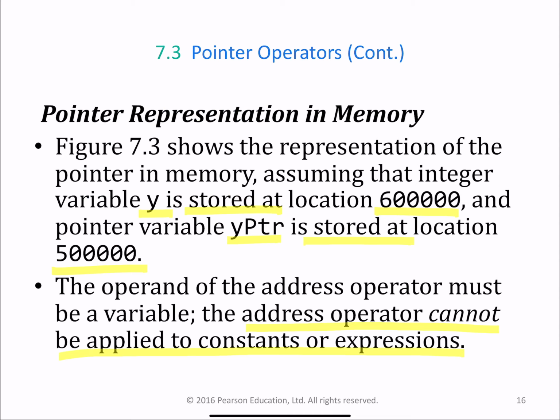So let's look at an example. Let's say this integer y is stored at a location in memory, let's say this address over here, 600,000. And let's say that pointer variable y pointer that we defined is stored at some other location in memory, let's say 500,000.